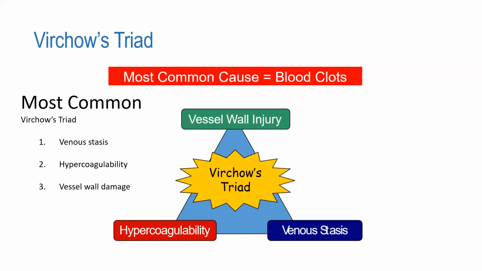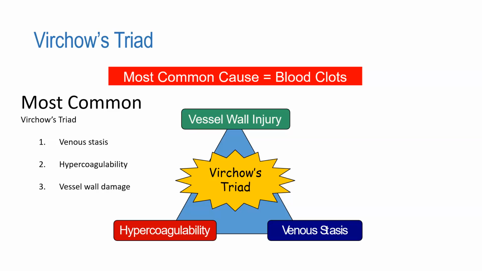So Virchow's triad is actually about patients at risk for making clots. Okay. And so these are the three things. If your patient is immobile or they have occlusion to blood flow, like they have heart failure, so they have venous stasis of blood. So they're immobile or they have venous stasis of blood.